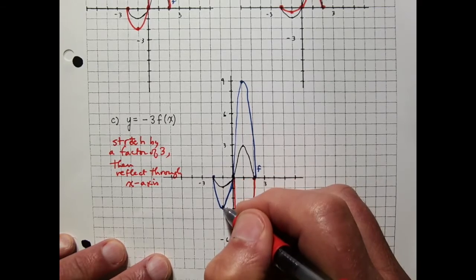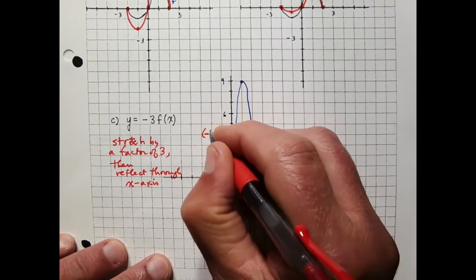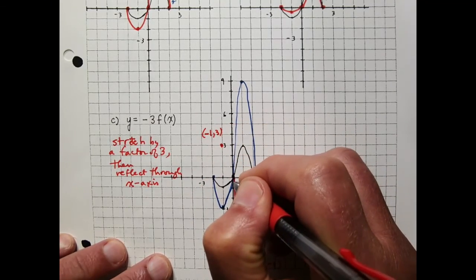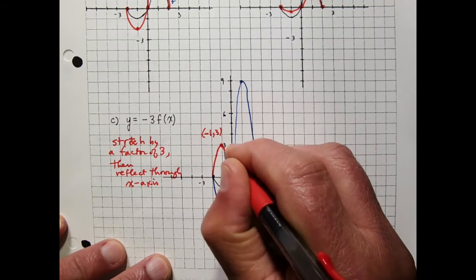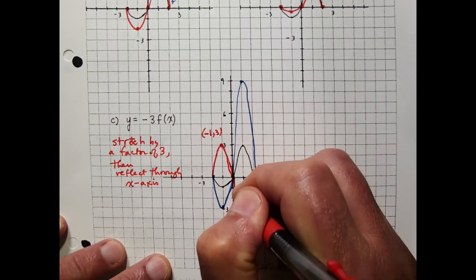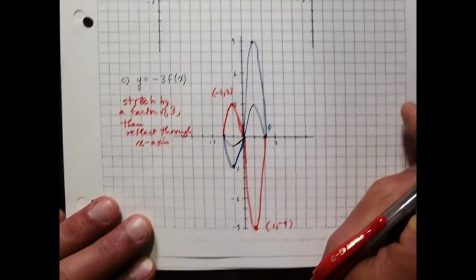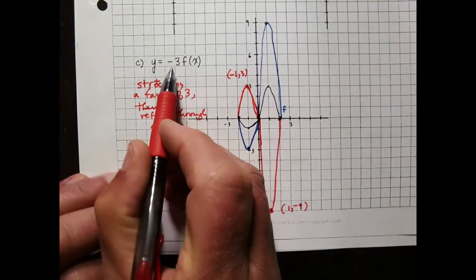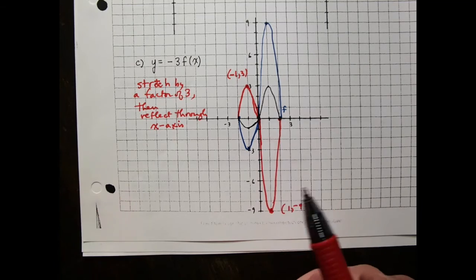And this point -1, -3 is going to become -1, +3 on the graph. So this little lump gets stretched this way in the final result. And so that red graph shows the effect of multiplying by -3. I mean, it's a stretch with a reflection.